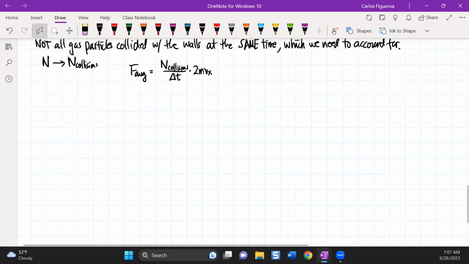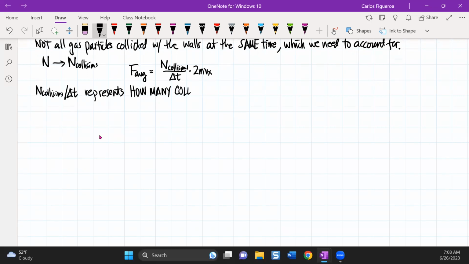So now let's go look at that. We have to calculate that. What I'm seeing here is that n collisions per unit time represents how many collisions occur per unit time.